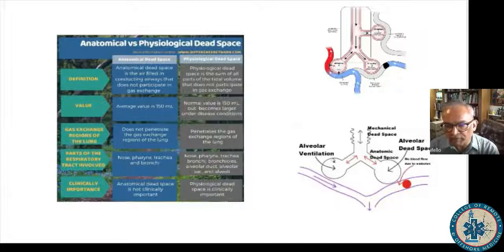So you've got a VQ match. If, however, the dead space is increased, for example, you may have no blood flow as in a pulmonary embolus, or you may have alveoli that are collapsed, and therefore you have a VQ mismatch.